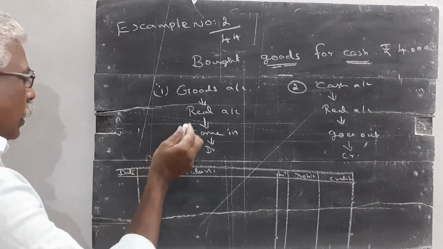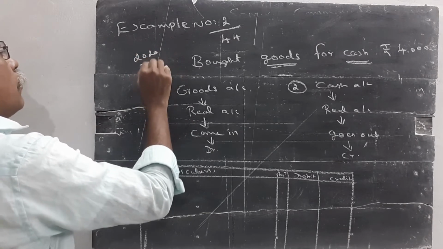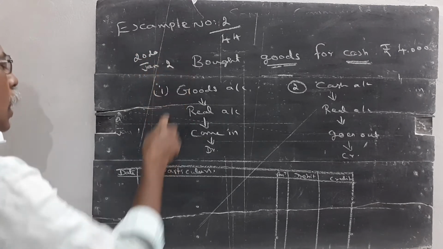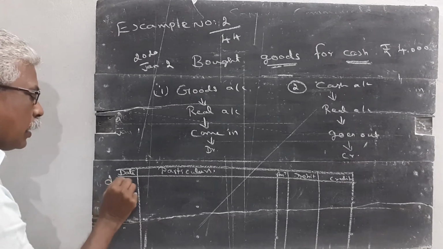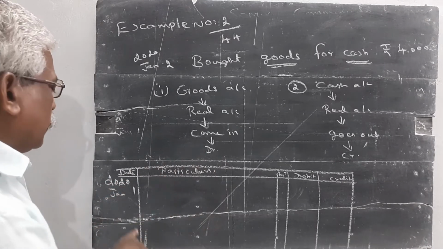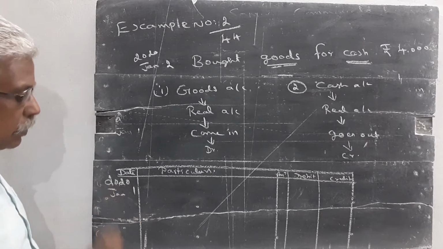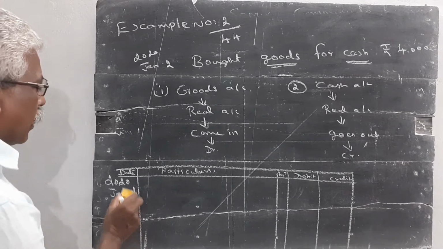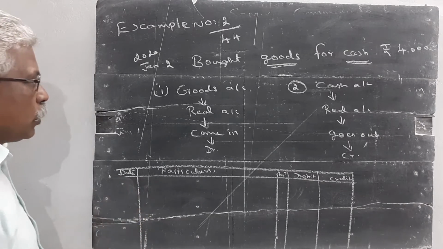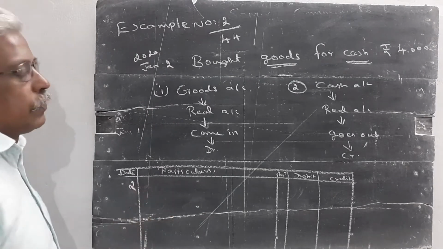So I want to give one date, 2020 January 2. Already 2020 January 1 is given and we wrote it, so hereafter no need to write the year and month. In the date column you write only the date, only 2 is enough.